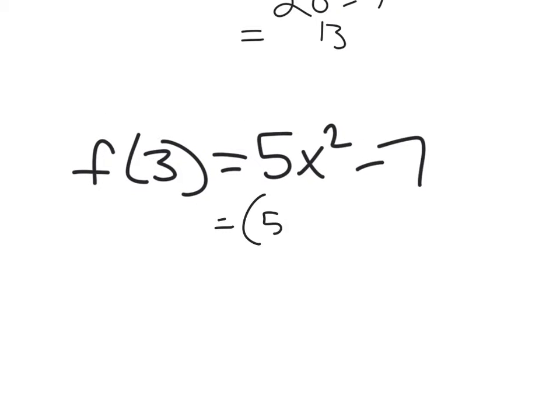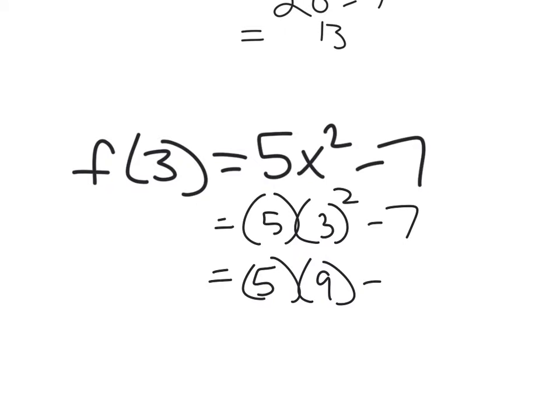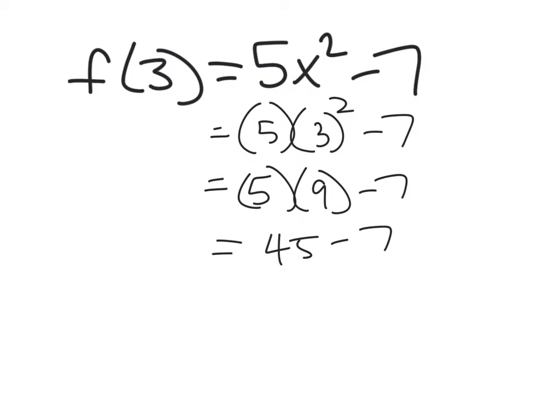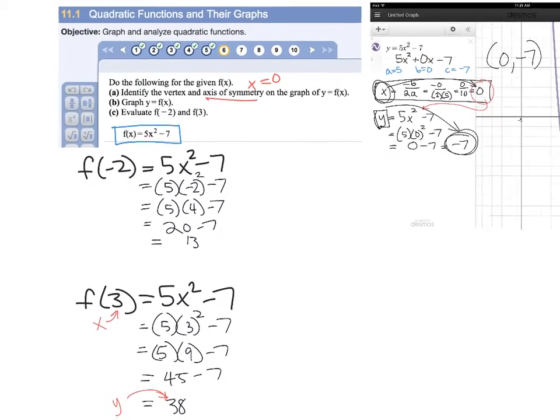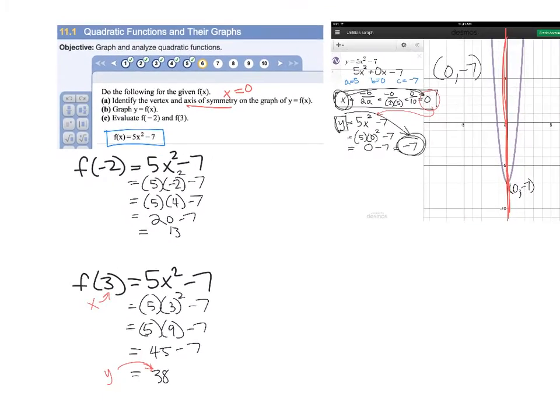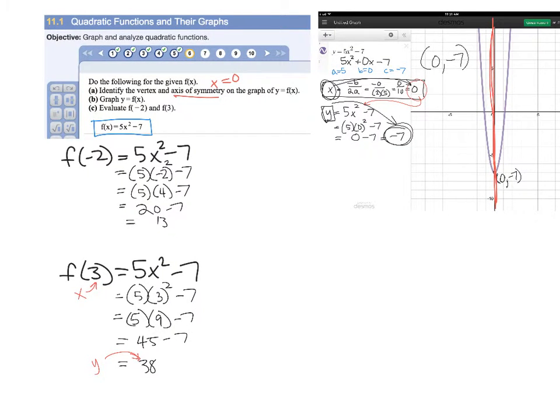So you get 5 times 3 squared minus 7, which becomes 5 times 9 minus 7, which becomes 45 minus 7, which becomes 38. So when x is 3, y is 38. And I think we've just done that whole problem.